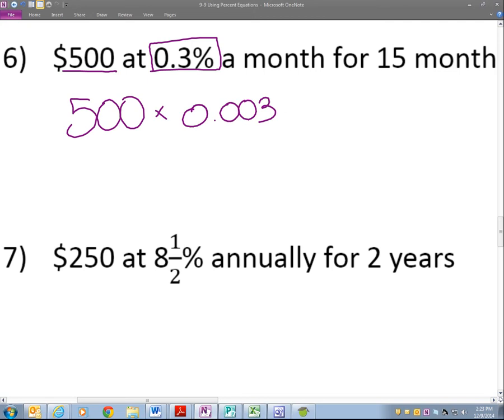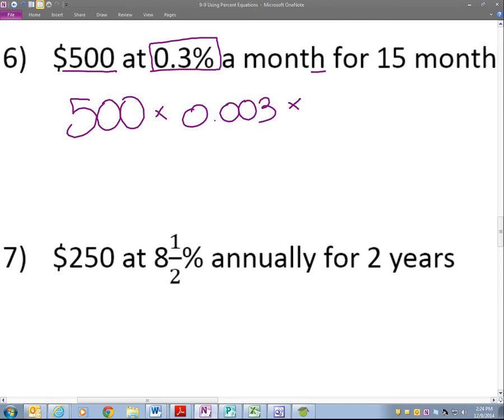That's what the interest is. The other zeros came from 0.3% being divided by 100. So we have 500 times 3 thousandths.